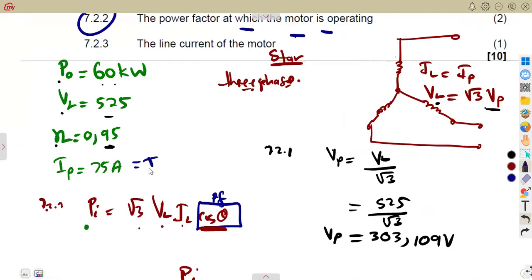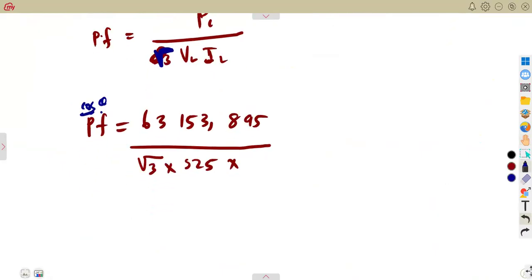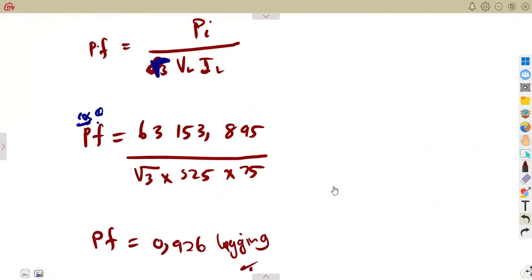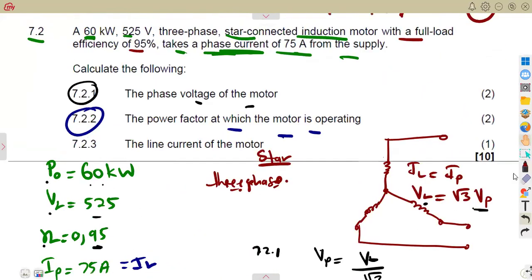So this is equivalent to the line current, which is 75 amps. So we have got the line current from that. So that is 75. That was going to give you a power factor of 0.926. Okay, so remember, this is an inductive motor, so it's going to be lagging. That is how you can calculate your power factor from there.